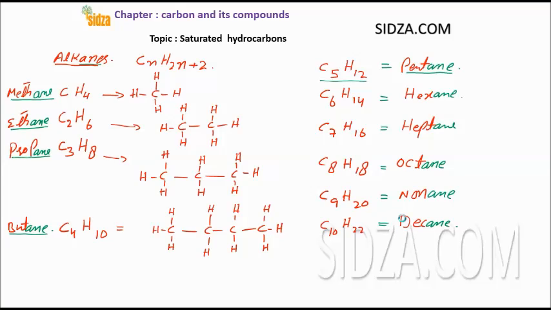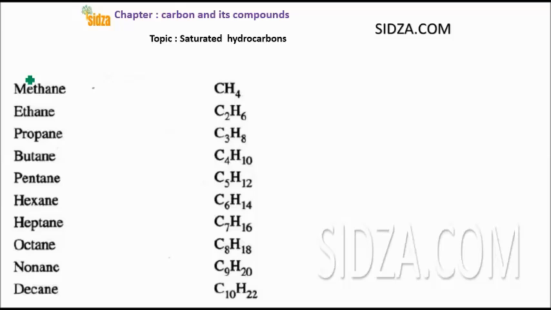So let me summarize it over here. This is the formula of the hydrocarbons, with the general formula CnH2n+2, and this is the name of the alkane category. So CH4 is methane because it contains one carbon atom, and so therefore it's meth, and ane because it's a saturated hydrocarbon, alkane family.